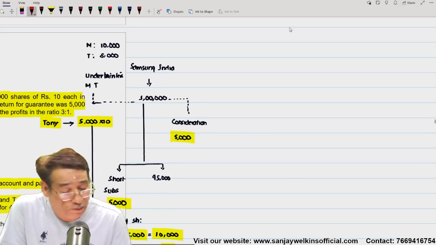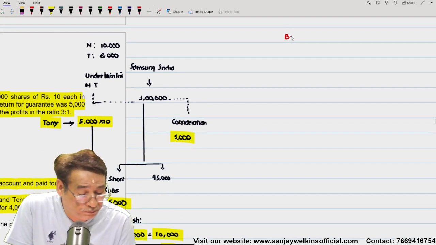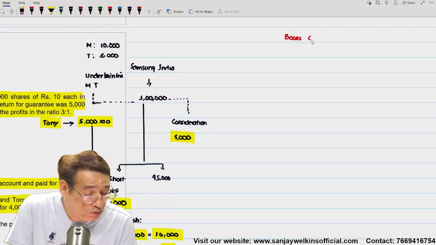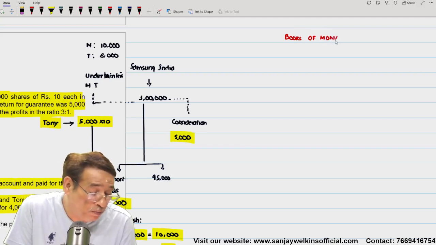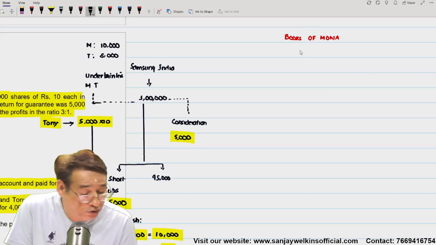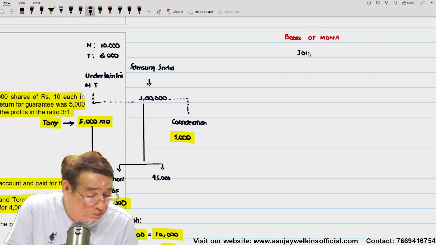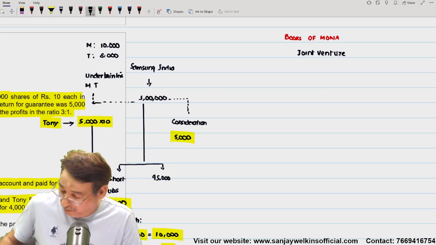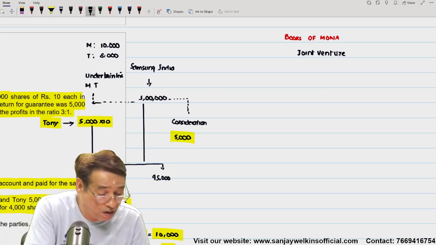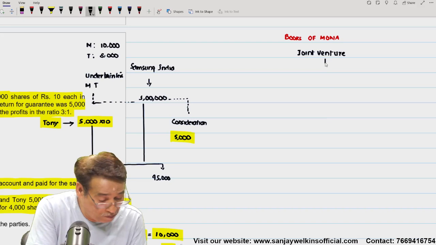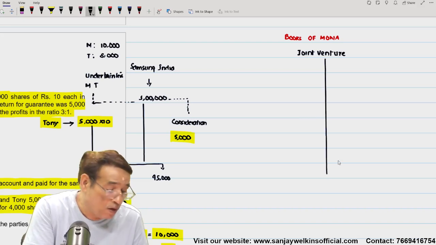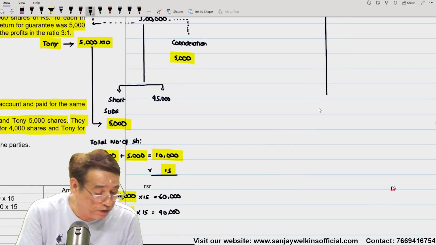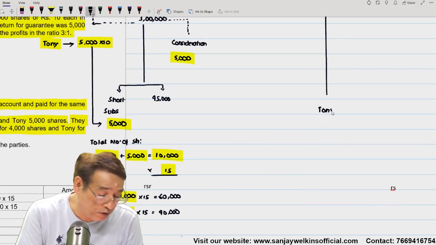Let us say these are the books of Mona. So Mona will prepare a joint venture account. And besides that, Mona will also prepare the Tony account, the co-venturer Tony account.